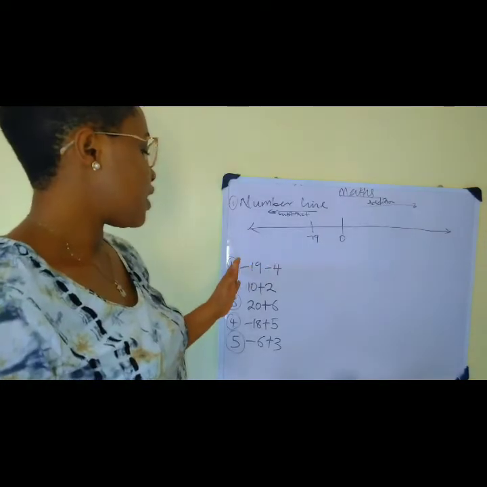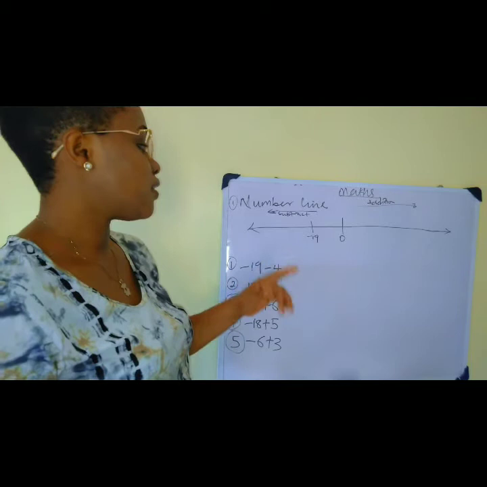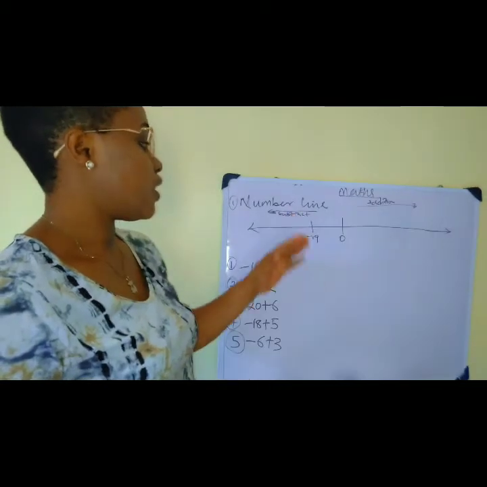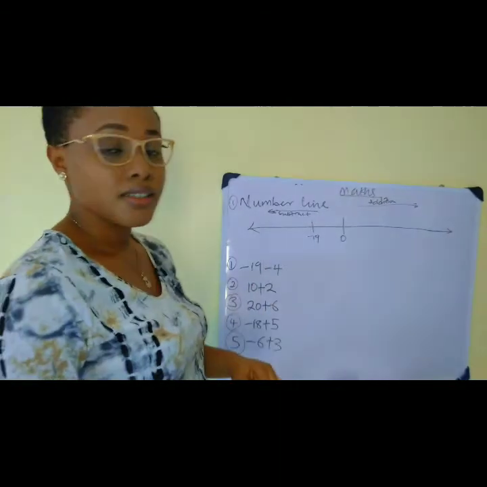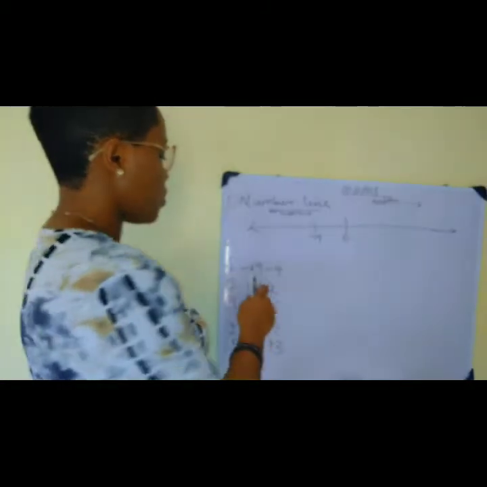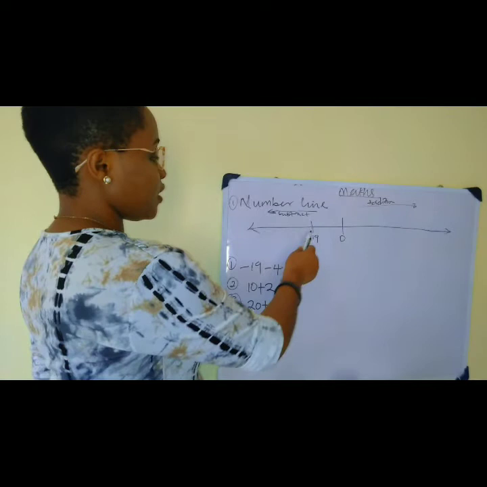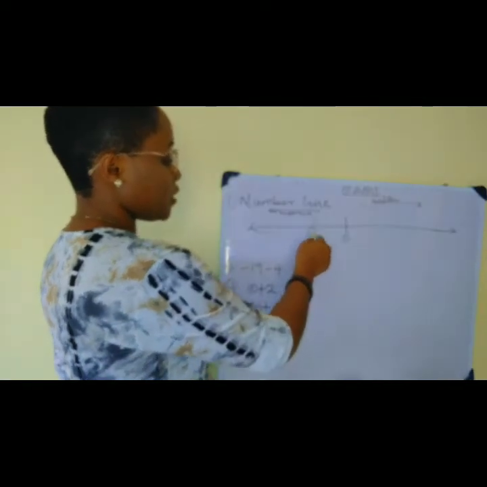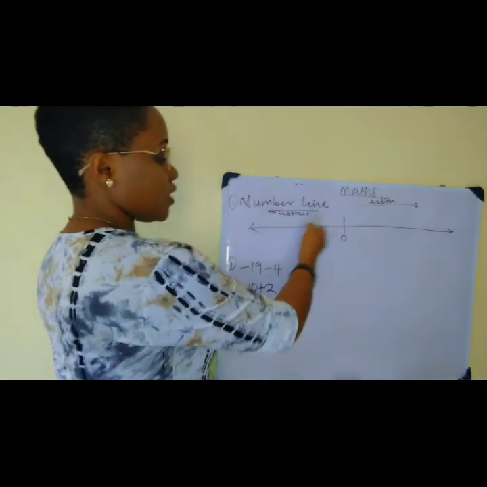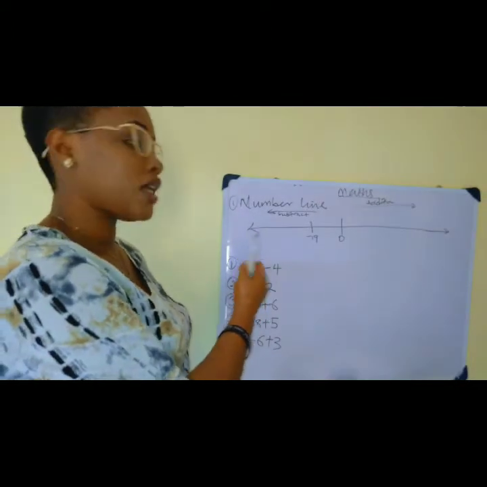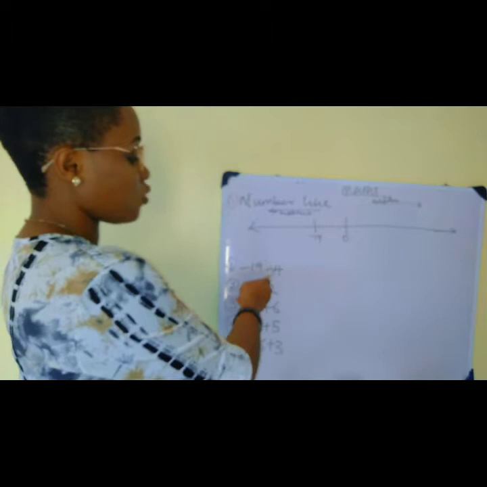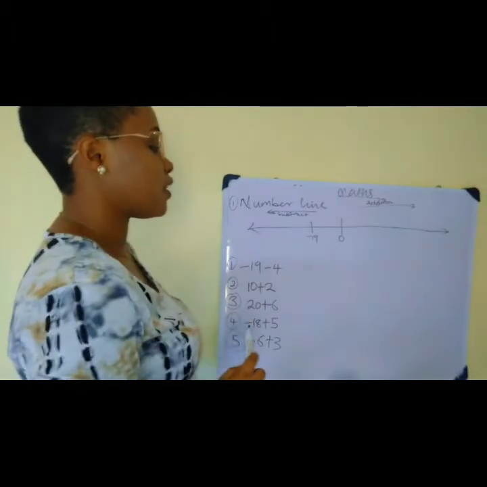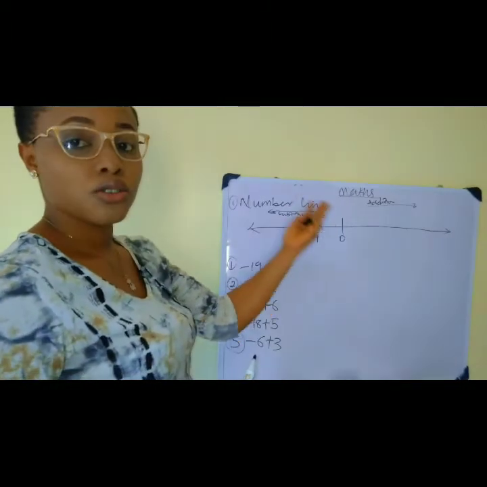A question like this with a huge number like this, all you have to do is draw your number line like this, and then you place your negative 19 on this point, because this is the negative side of the number line. And then the action we're supposed to take is that we're supposed to minus 4 from negative 19. And I told you that for subtraction, you go left.